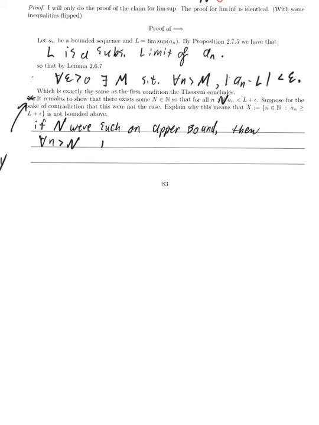So for all little n bigger than big N, n is not an element of X. But this X is built explicitly in set builder notation. So to not be in X means that that inequality must be false. So by the definition of X, I would conclude that a sub n is less than L plus epsilon.